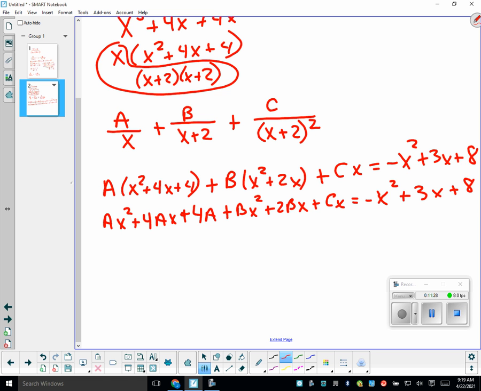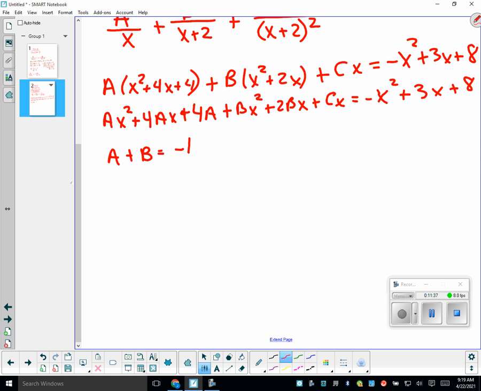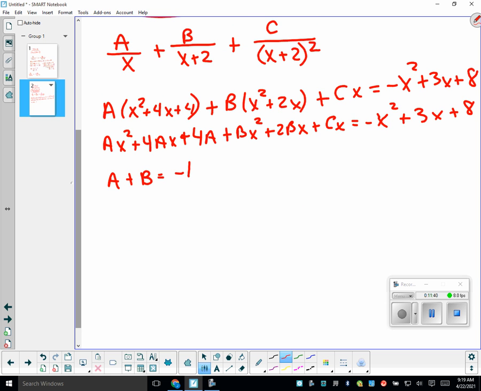What's in front of x squared? So a plus b equals negative 1. Agreed? What's in front of x? 4a plus 2b, and that has to equal 3. What doesn't have an x? 4a. So 4a equals 8. Well, that's nice, because a is 2, right?